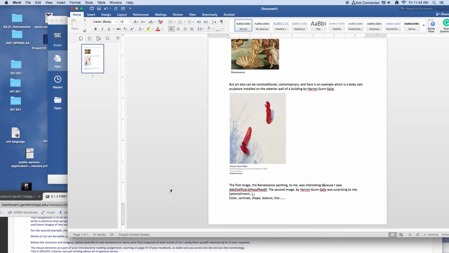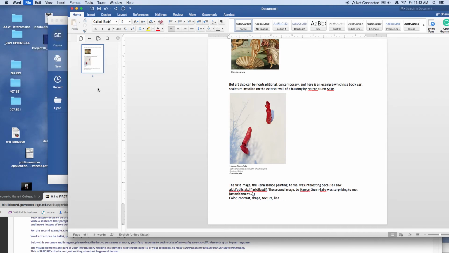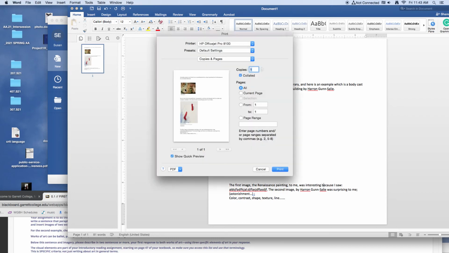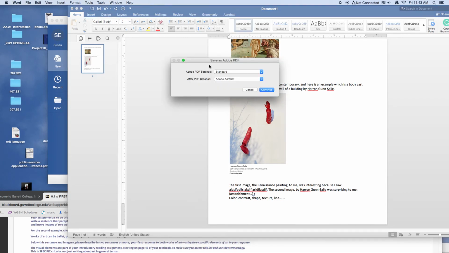Okay, then save it as a PDF. In Word, that functions under print. I'm sure you know that probably. Okay, down here, PDF. Save as Adobe PDF. Okay, standard.